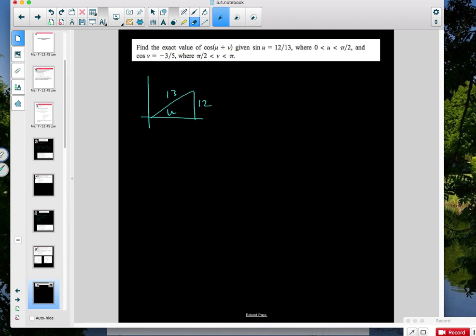The adjacent is going to be the square root of 13 squared minus 12 squared, which is 169 minus 144, which is the square root of 25, which is 5, if I'm not mistaken.